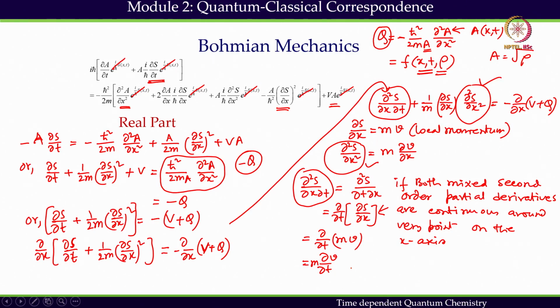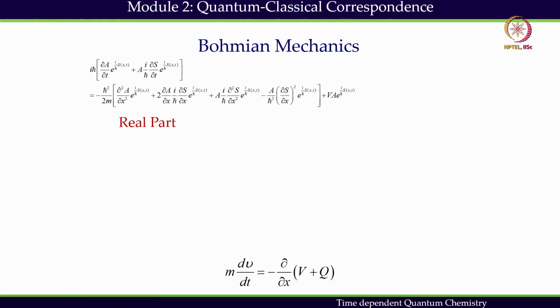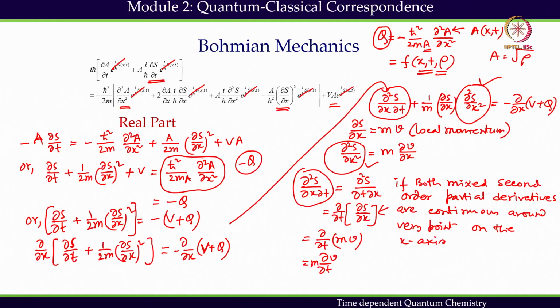If we plug these two in, we get back a simple equation like this: minus V plus Q. So, this part is velocity v, this part is given here, and this part is given here.